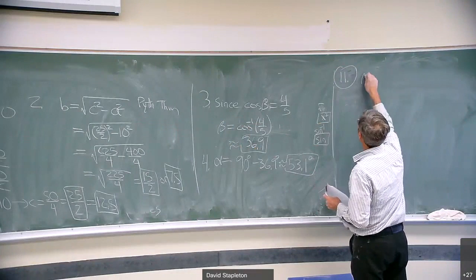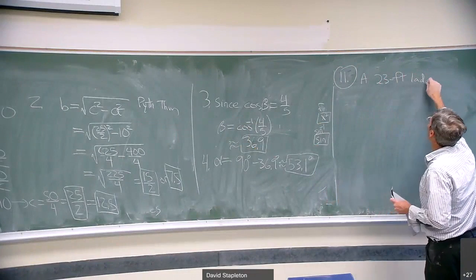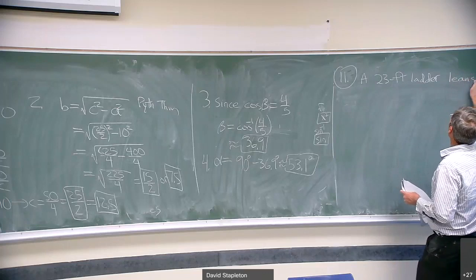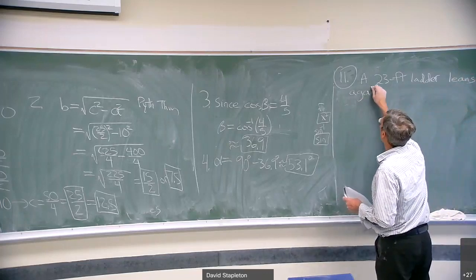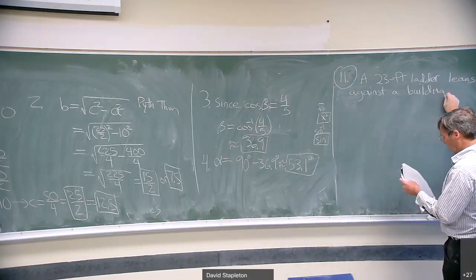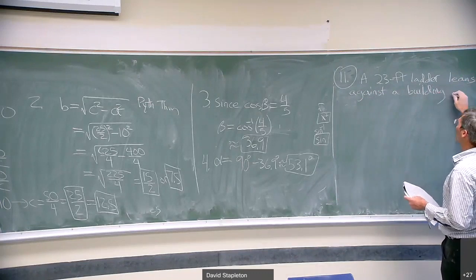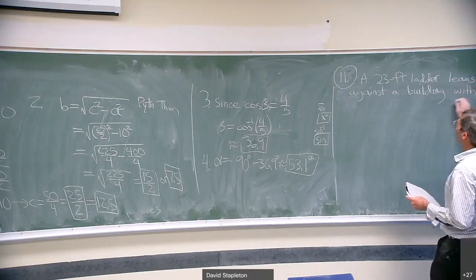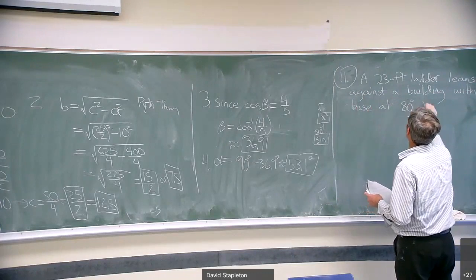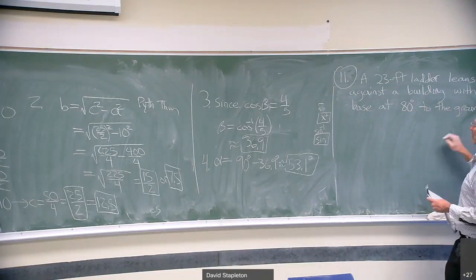It says this: suppose a 23-foot ladder leans against a building so that the base of the ladder is 80 degrees to the ground. Wonder how high the ladder reaches.